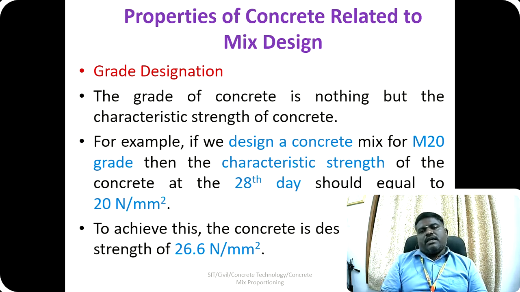Similarly, for M30 grade of concrete, the characteristic strength at 28 days should be equal to 30 Newton per mm square, and the target strength should be around 38.8 Newton per mm square.